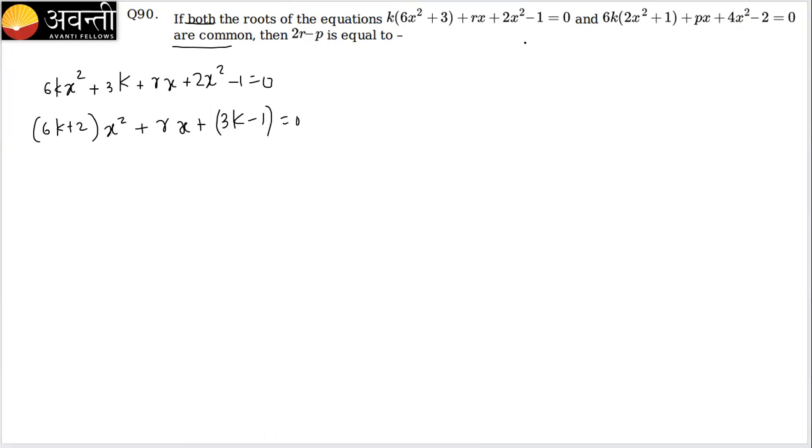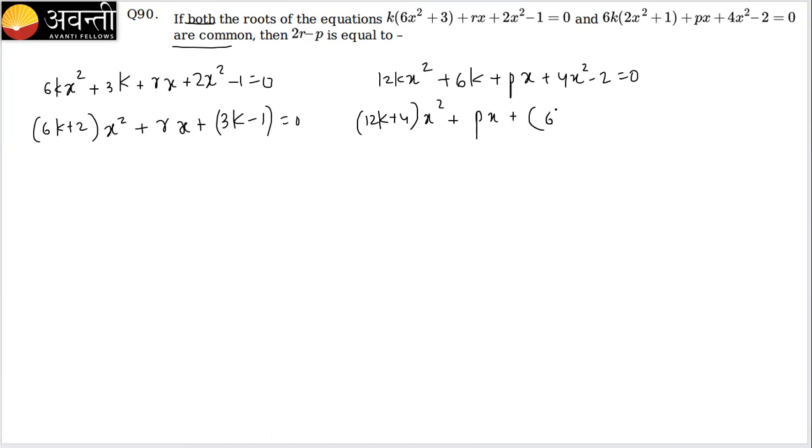एंड दूसरा इक्वेशन मैं इसको ओपन करूंगा, मिलेगा 12kx square plus 6k plus px plus 4x square minus 2 equals to 0. So let's take x square common वापस, x square के कोएफिशिएंट को साथ में लेते हैं plus 4x square plus px plus 6k minus 2 equals to 0.